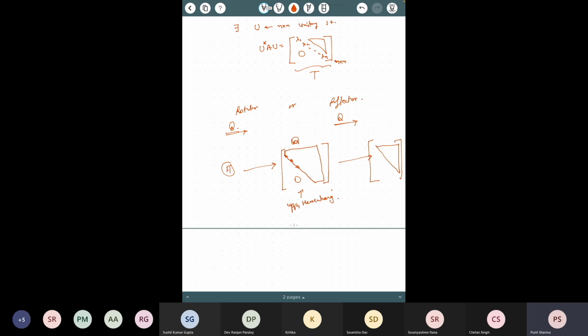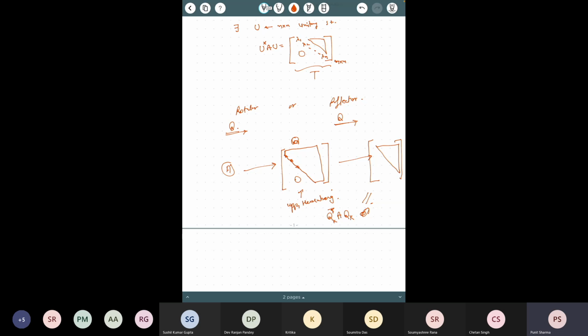That means you want to find a sequence of orthogonal matrices Q such that Q transpose AQ is upper triangular. This is what you want to achieve, because then the eigenvalues of A are nothing but the eigenvalues of this upper triangular matrix, which are nothing but the diagonal entries.